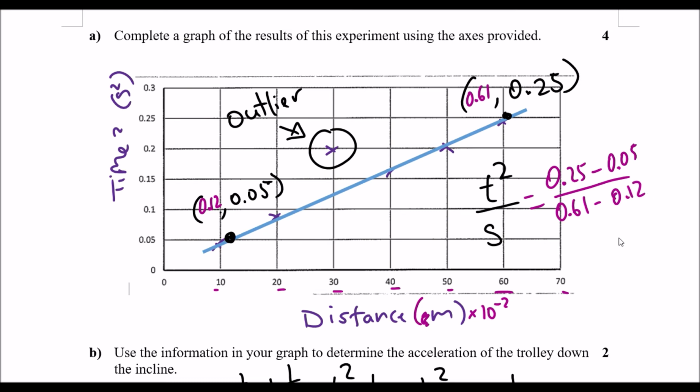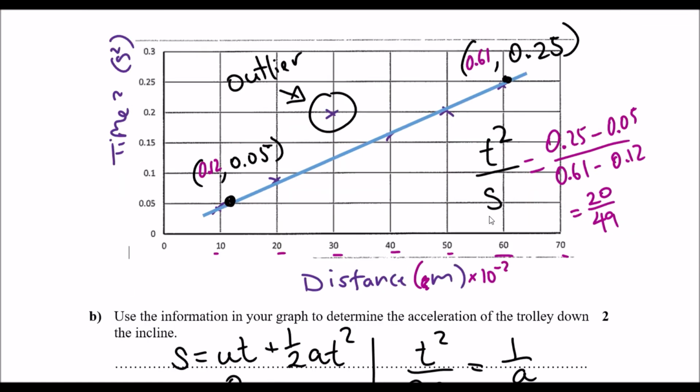Okay, and then let's just do this again. And I get a nice fraction of 20 over 49, not the 1 over 245.